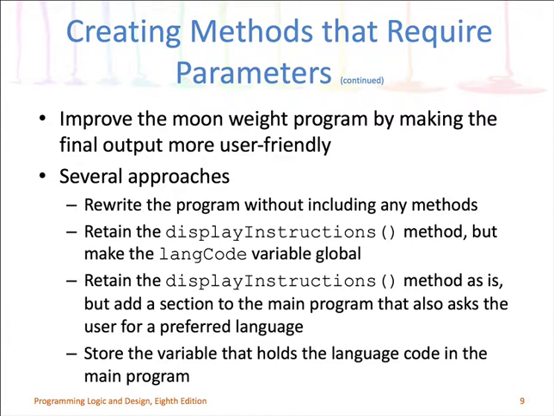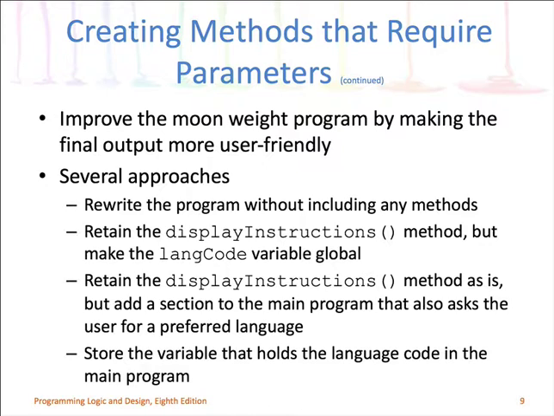Now then, what they're going to do is they want to rewrite the program, or they're thinking about how to make the program better. We can rewrite the program without any methods, or we can do display instructions with no arguments, and then have something called language code, which is a global variable that everything can look at, presumably set in the main program, and then used in our display instructions.